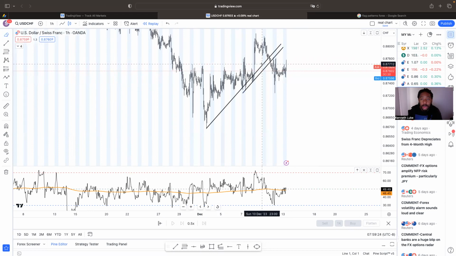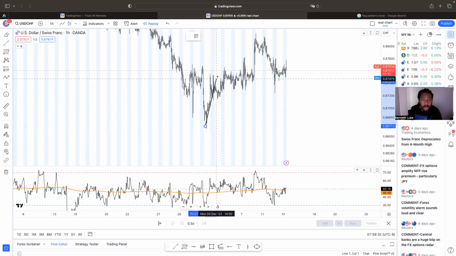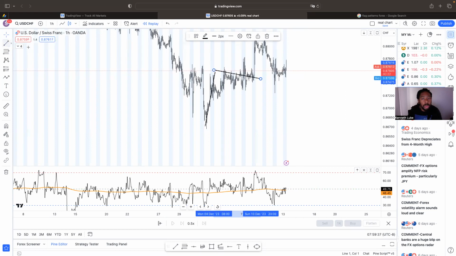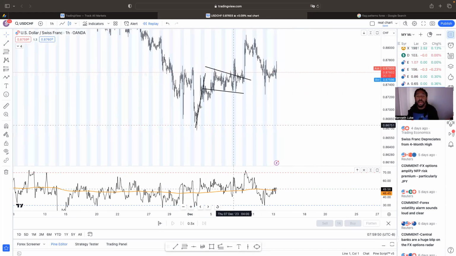So, one second. It would look more like, boom, boom, boom. Okay, as you notice, you see how it's going down in a bearish type effect right here?